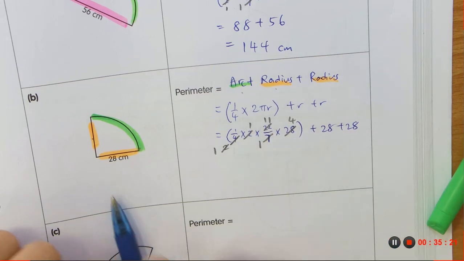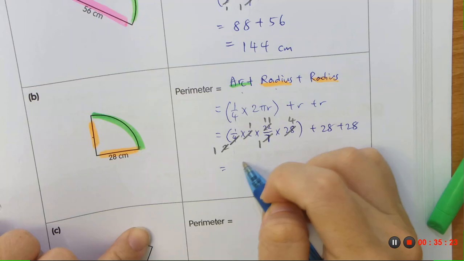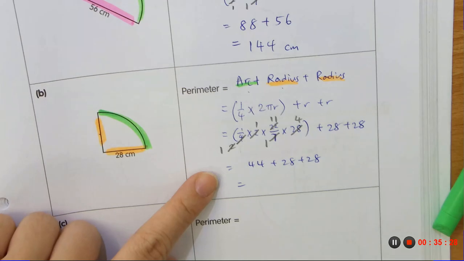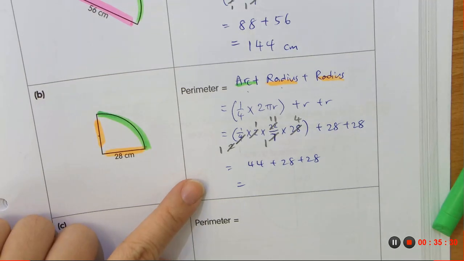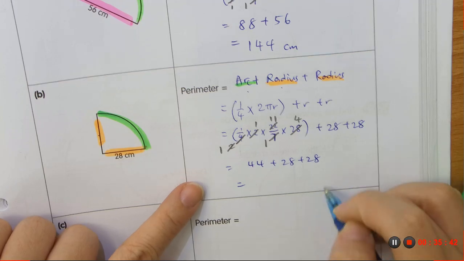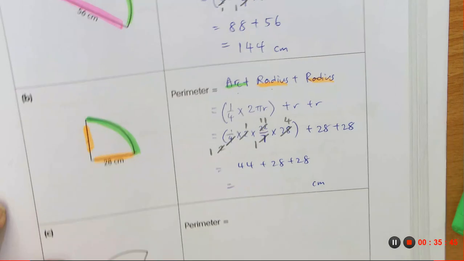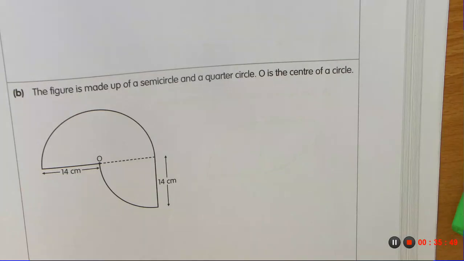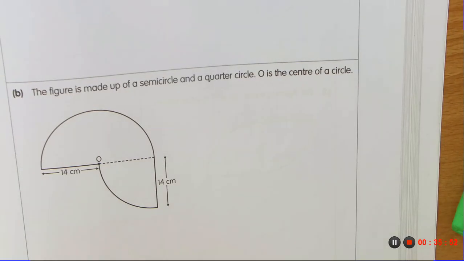In the end, it will be 44 plus 28 plus 28. You see how powerful simplifying is? You know your timetable well, you manage to just cancel out everything. Then in the end, the measurements are very straightforward. Okay? And then you have your centimeters. Is this okay?